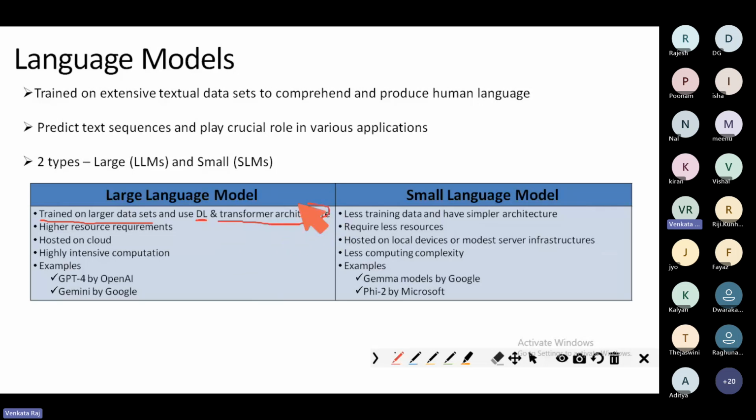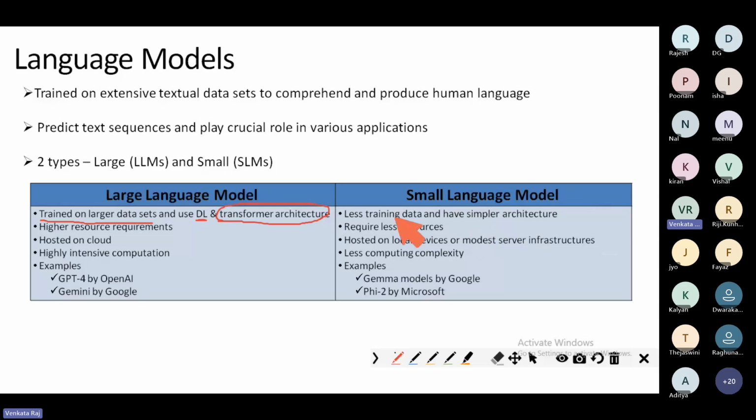Now I am introducing one new term, transformer architecture. We are going to see the architecture, guys. Generative AI has become very capable and is able to generate within a few seconds. The revolution has been brought by the transformer architecture. We'll see that.